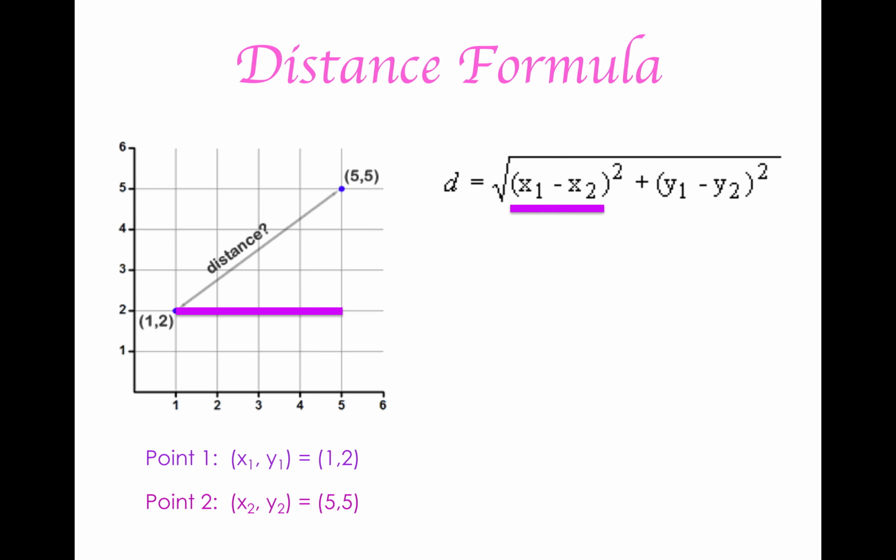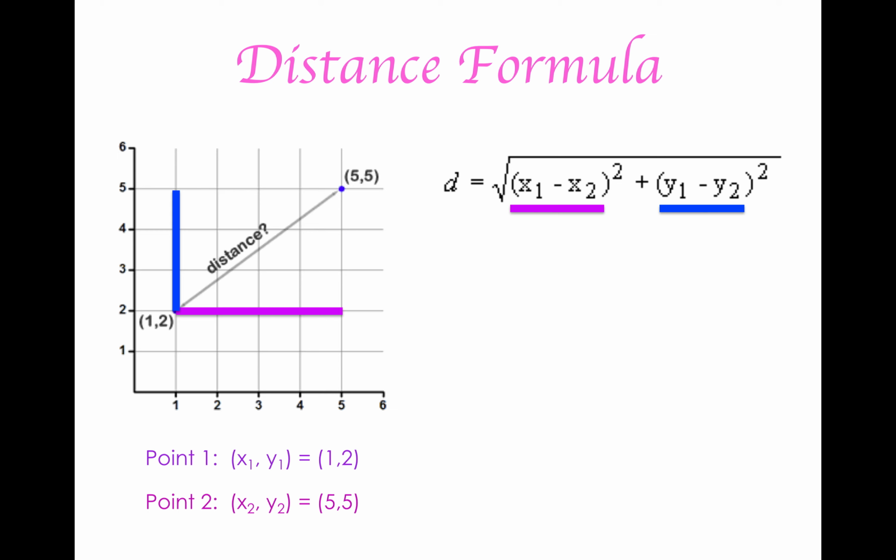So the differences in my x's would be just if I was traveling along just a straight line only on my x-axis. I'm going from 1 on the grid to 5 on the grid. Okay, I'm looking at the distance of my y's. I'm going from 2 on my grid up to 5 on my grid.